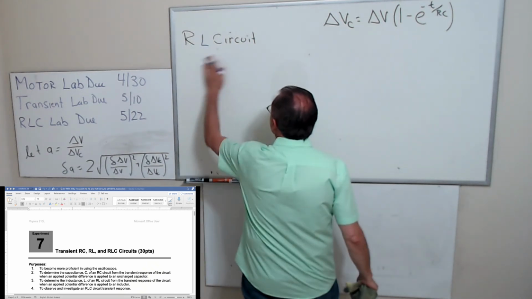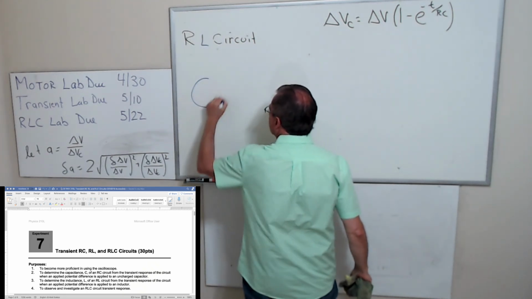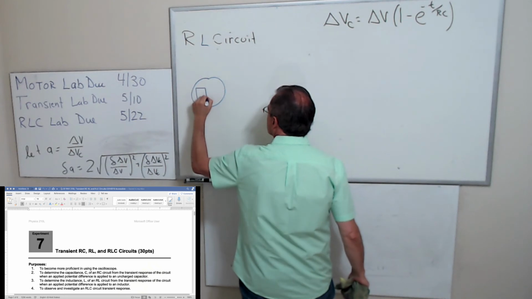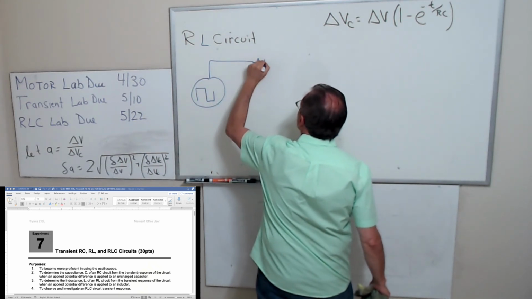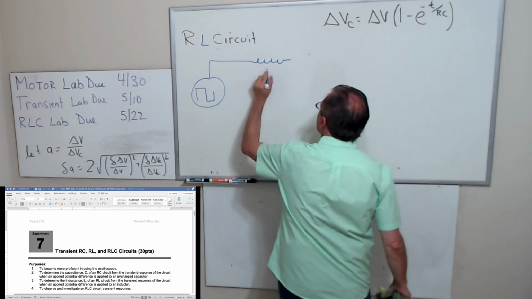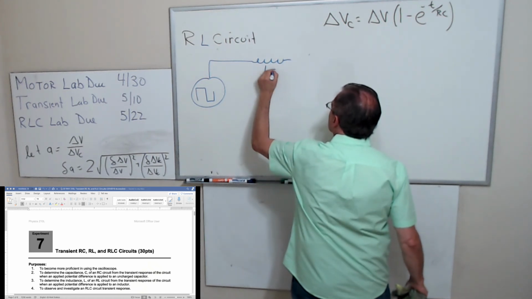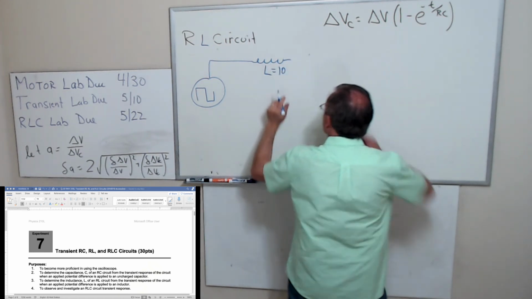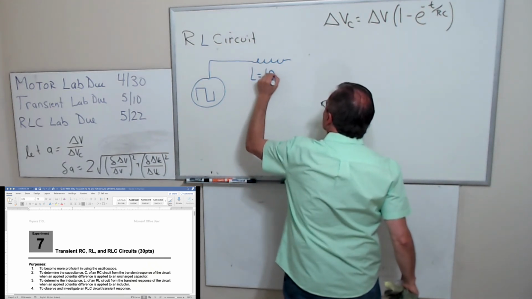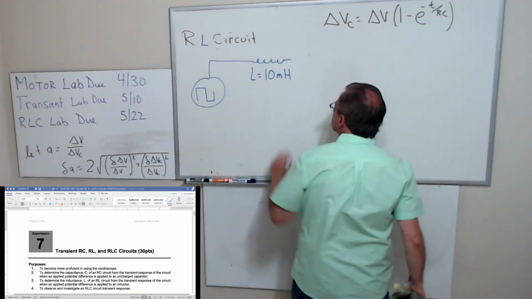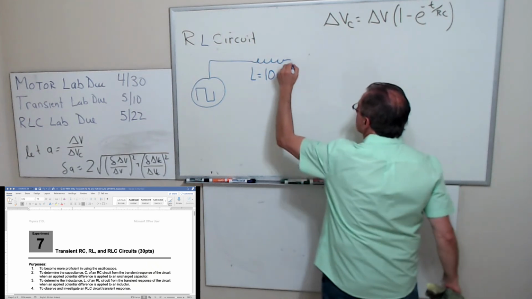So your circuit will be this. You're going to have your signal generator. You're going to put a device called an inductor here. It's 10 millihenries. And we're going to talk about this in class today.